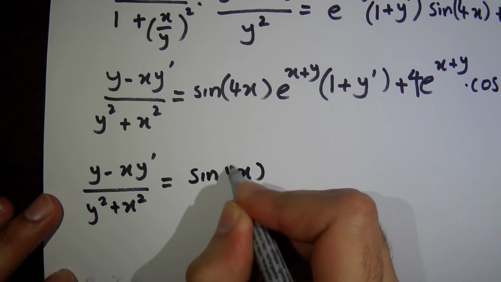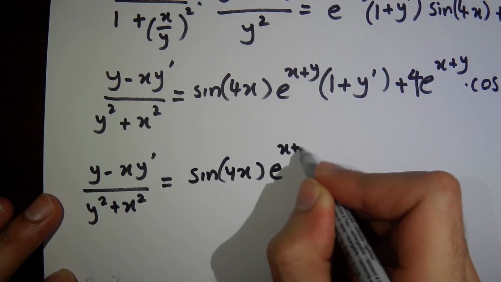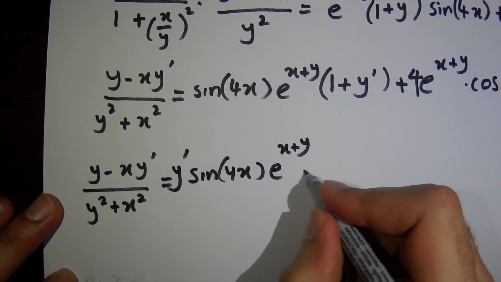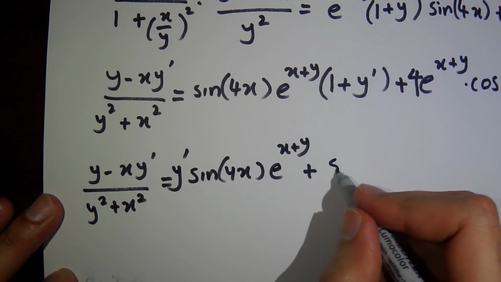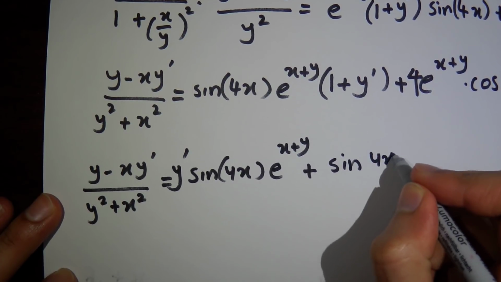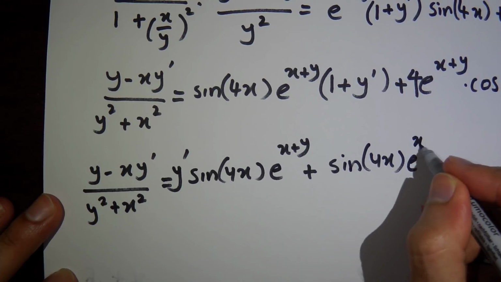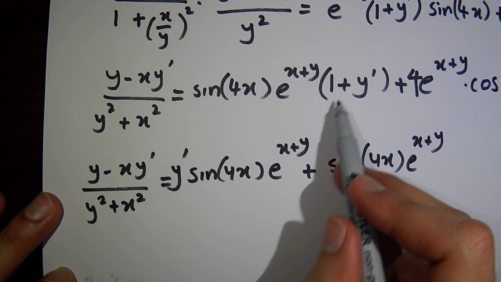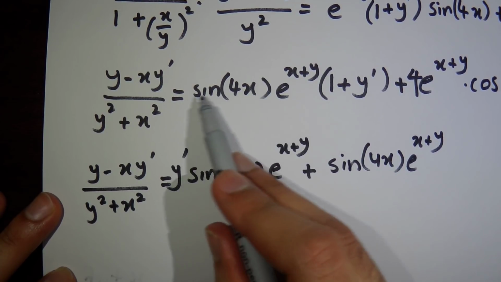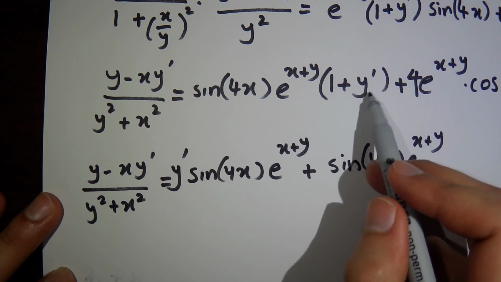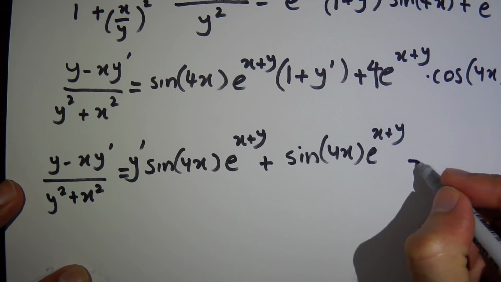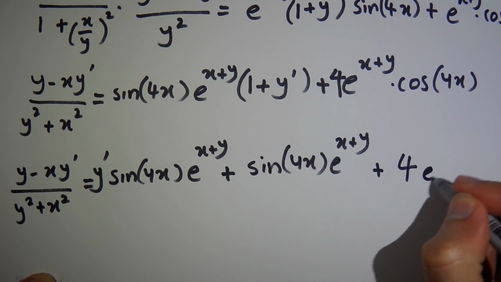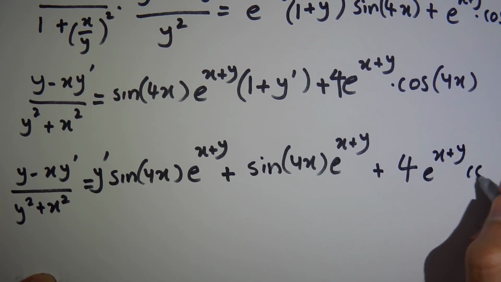This would be sine 4x e to the x plus y times y prime added to sine 4x multiplied by e to the x plus y. So this bit is just that being multiplied by the 1, and then this first half is that function being multiplied to y prime, we're just expanding. Added to the next part, which I really don't see much I can do with, so I'll leave it as it is.